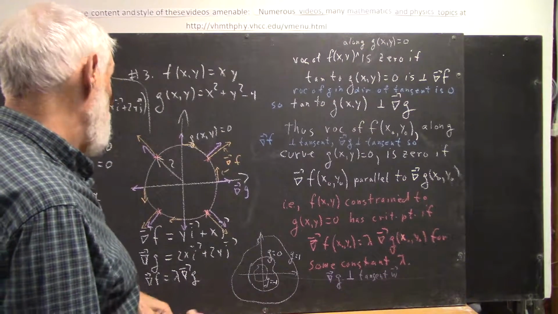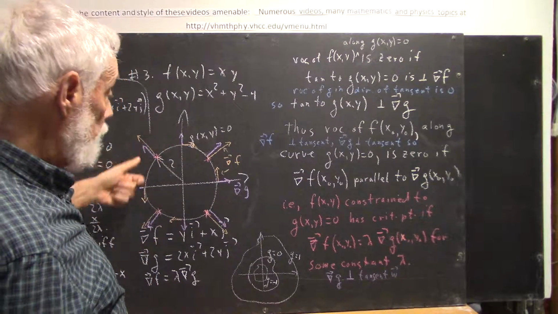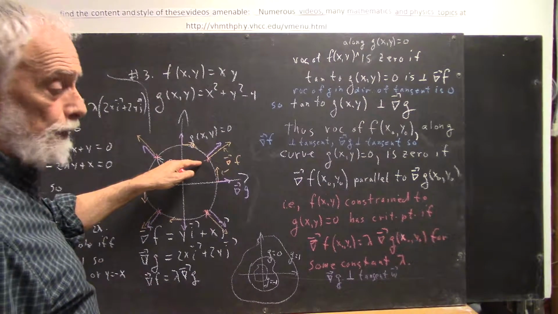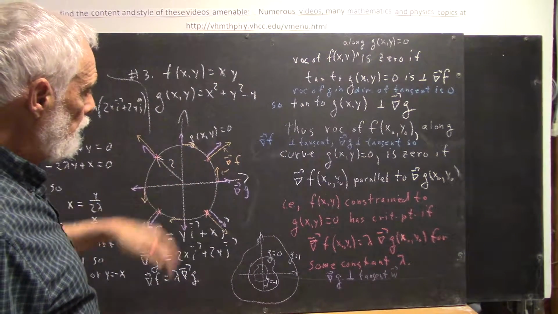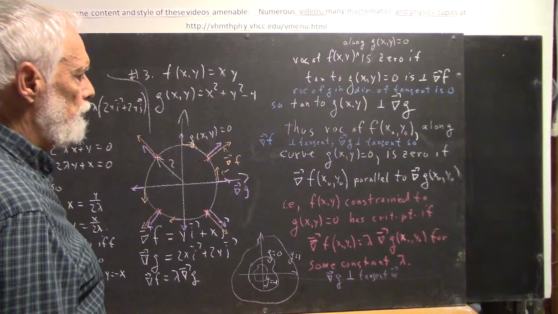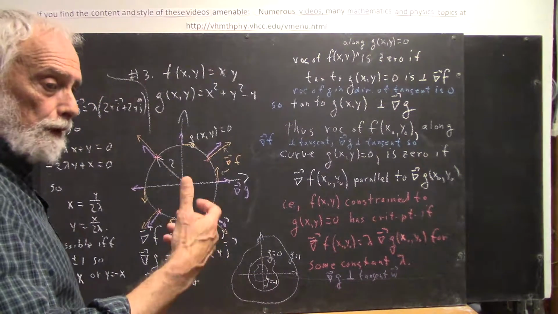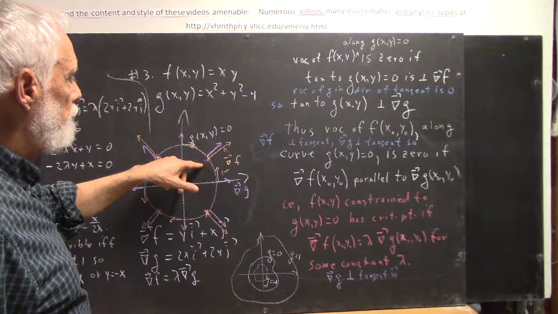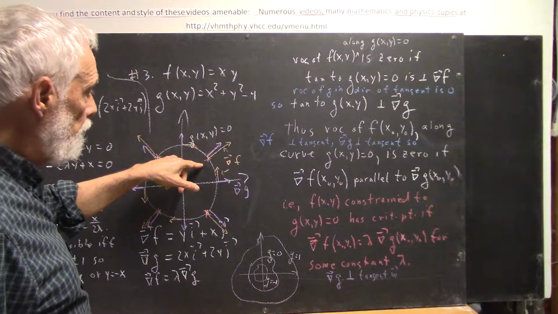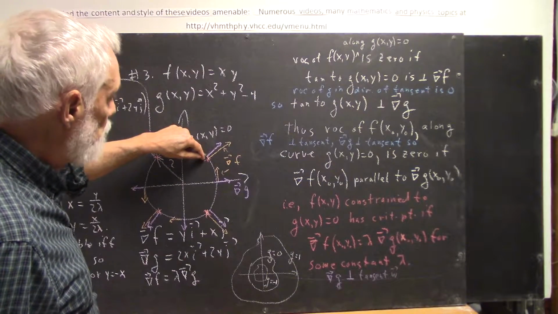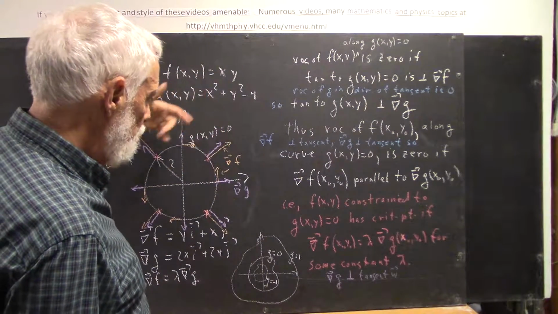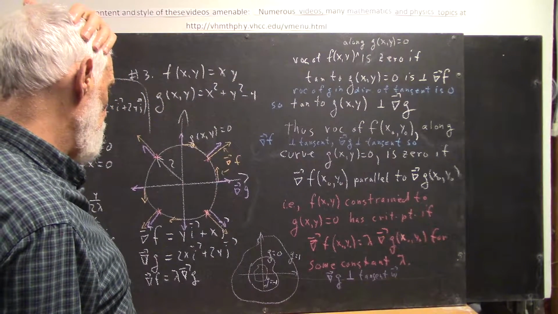Okay, so if we evaluate the function at these points, we easily find that at this point, the magnitude of the position is square root of 2 squared plus square root of 2 squared. The f function is the product of the two components, and I think I said before that sometimes the magnitude is greater and sometimes the magnitude is less.